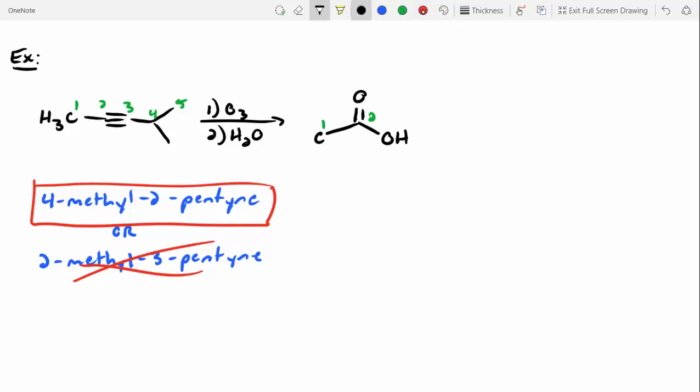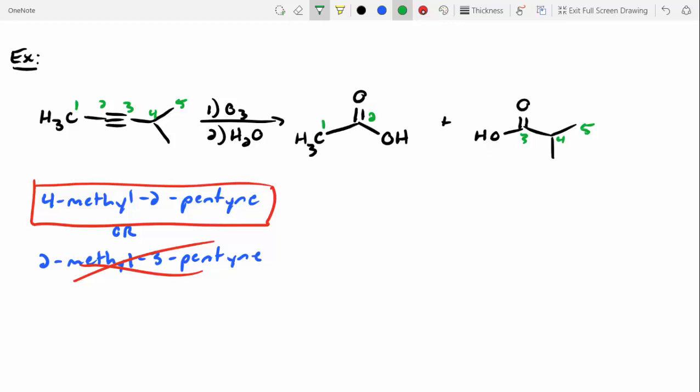Carbon 1 we said is a CH3 group. And then we also end up with another carboxylic acid that accounts for carbons 3, 4, and 5. So this would be carbon 3, 4, and 5, and we've got a methyl group coming off of that 4 position. So in this case, if we are dealing with unsymmetric alkynes, we do get 2 different products out.